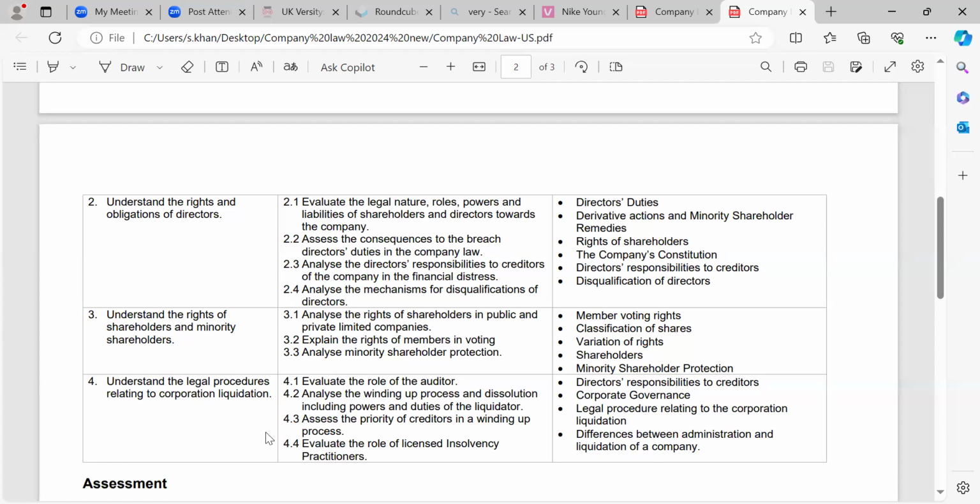We then looked at the role in liquidation, so how they act as liquidators, responsible for winding up the company's affairs, realizing its assets, settling its liabilities and distributing funds to creditors and shareholders. We looked at the protection of shareholders' interests.